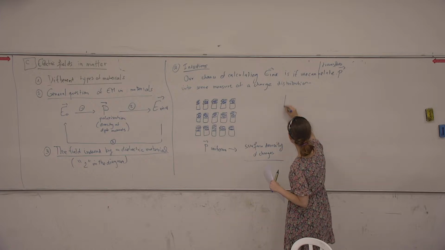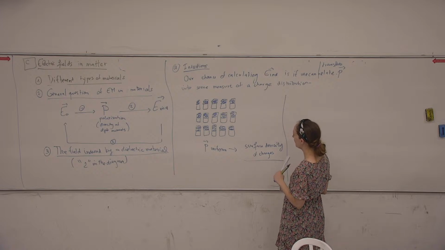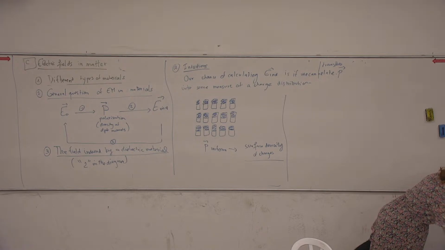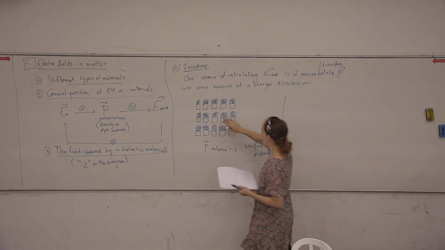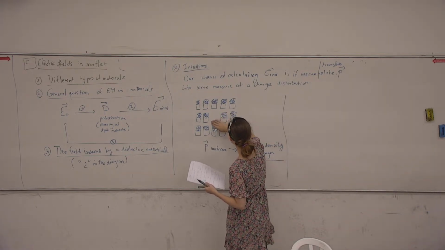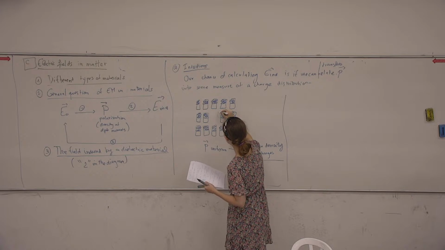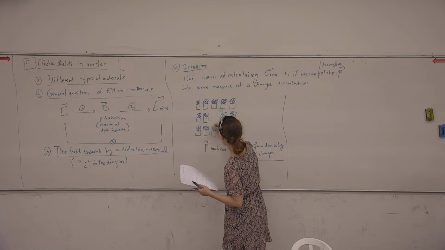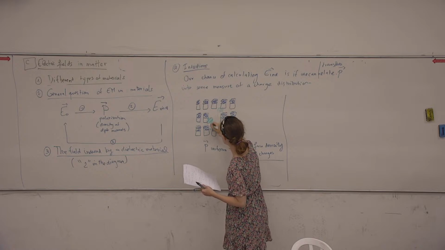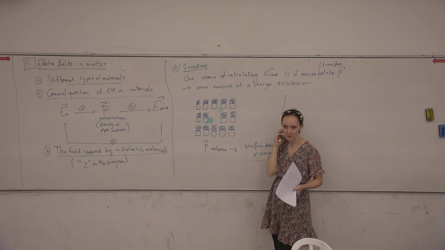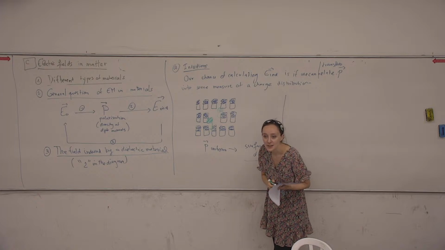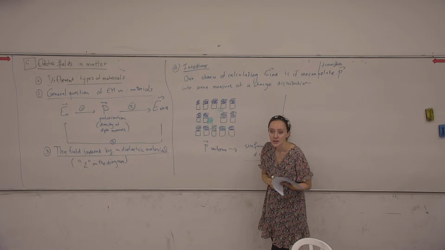Now, what happens if I have a polarization which is not quite uniform? I'm removing it from here, putting it here, and here I'm adding. This is a non-uniform polarization, right?